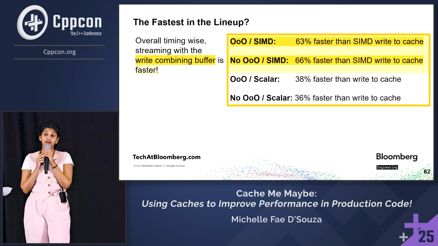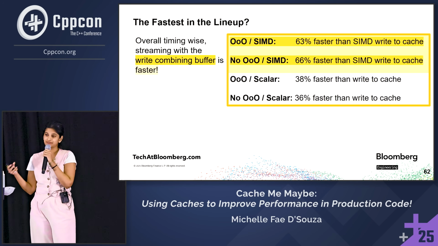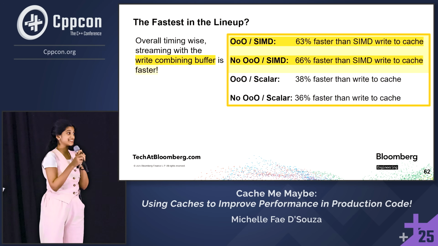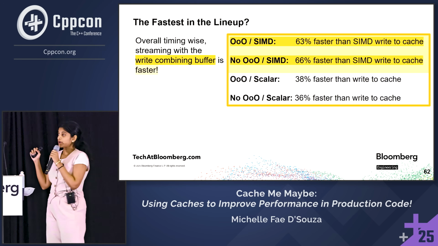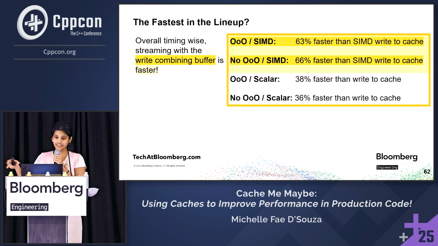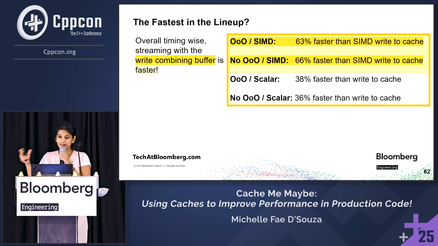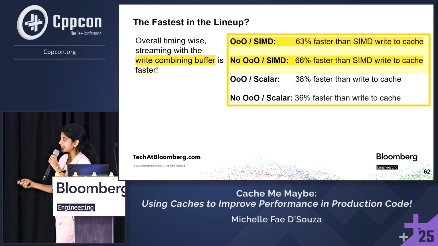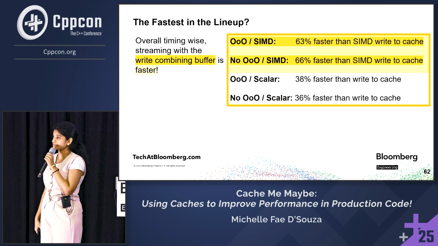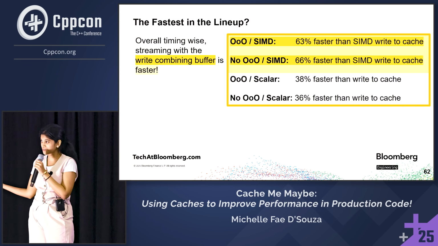Overall, timing-wise, streaming, which is what we essentially do with the write combining buffer, is faster. With SIMD instructions, it ends up being roughly 63% faster. It's not as obvious, the performance improvement, when you have scalar streaming instructions, but it is still there. And this seems to happen whether we have out-of-order execution or not.